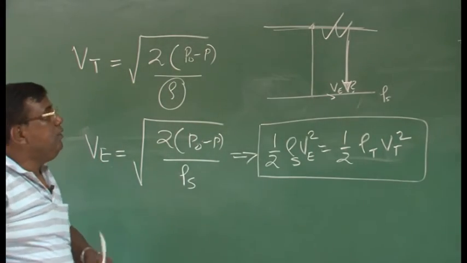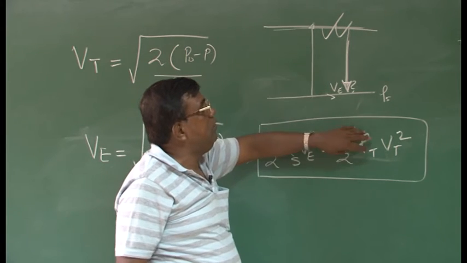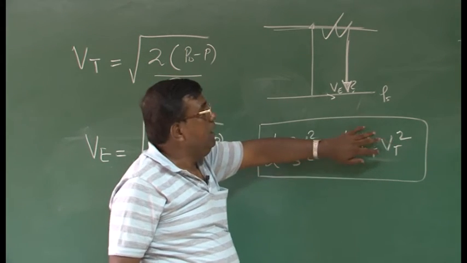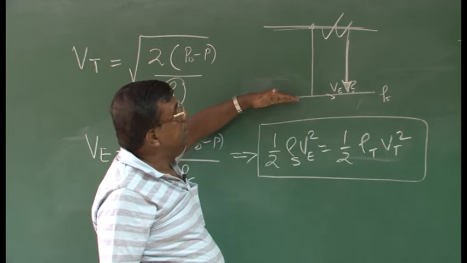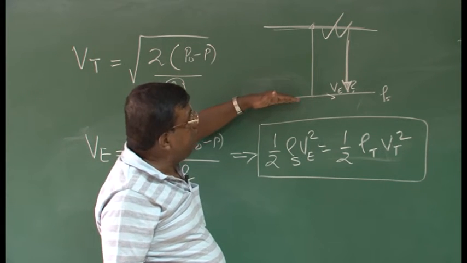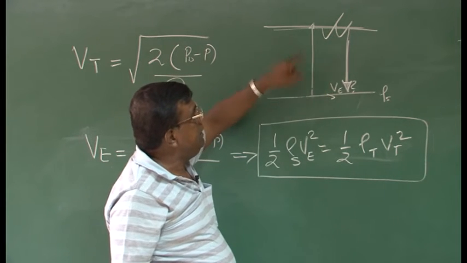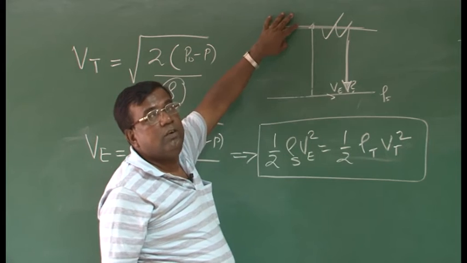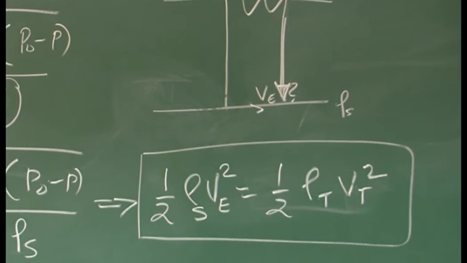Is it clear? So I am flying at an altitude where dynamic pressure is half rho true V true square. Now I am flying at sea level condition, standard atmosphere, and I want to see what speed is required to duplicate this dynamic pressure which is sensed at this altitude. So this is the concept of equivalent airspeed, and that is what is used in the airspeed indicator.